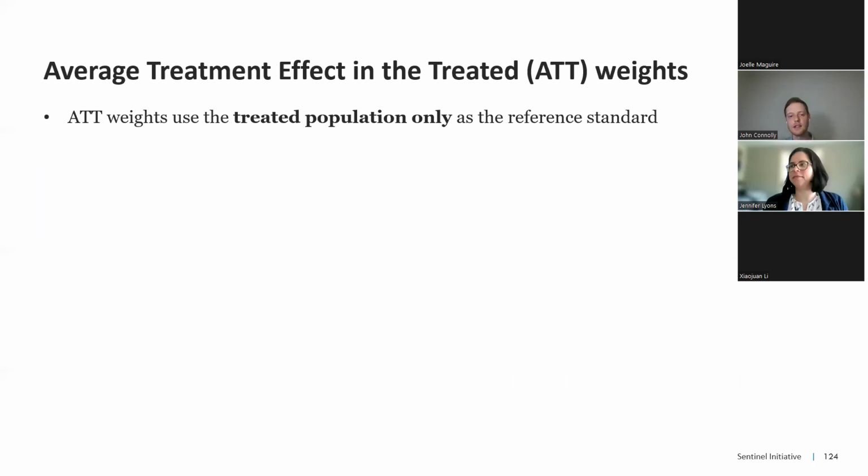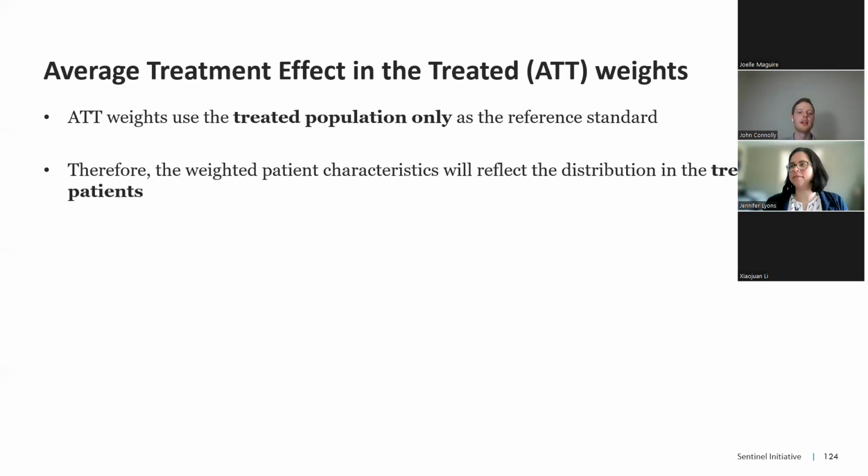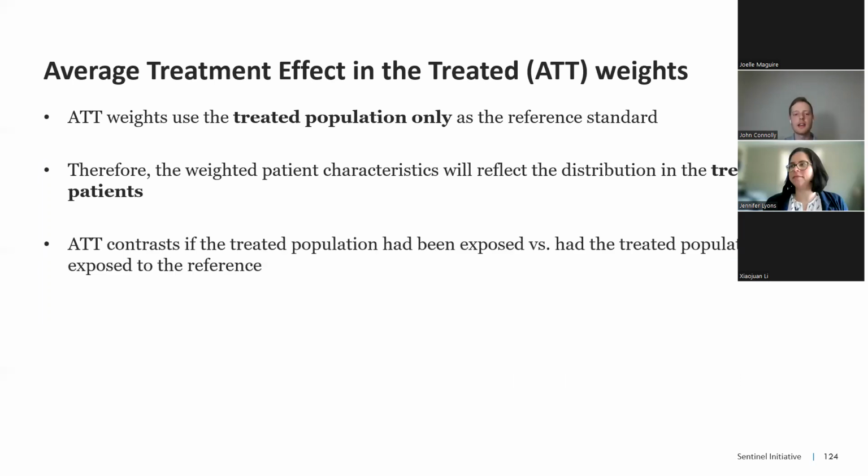So moving on to the ATT weights, these are weights that use the treated population only as your reference standard. And so what that means is after you do ATT style weighting, the patient characteristics in the treated population are going to reflect the distribution of those characteristics in the treated patients specifically. So of course, what that means is that an ATT allows you to contrast if the treated population had been exposed, which of course they were, versus had the treated population instead been given the reference exposure.